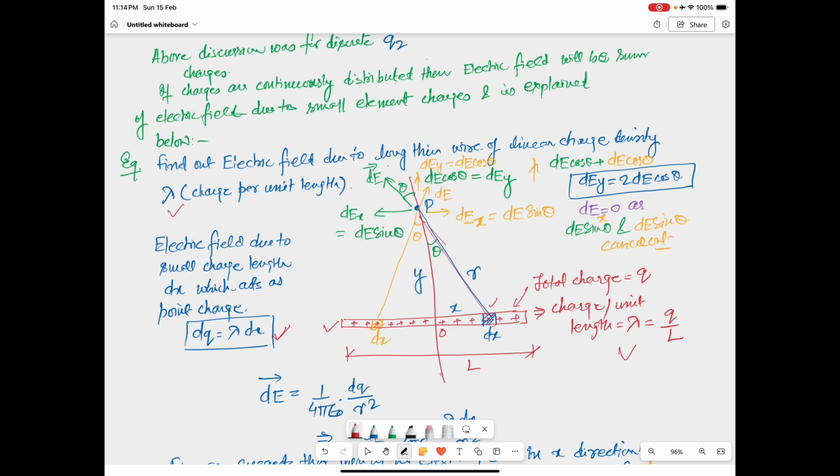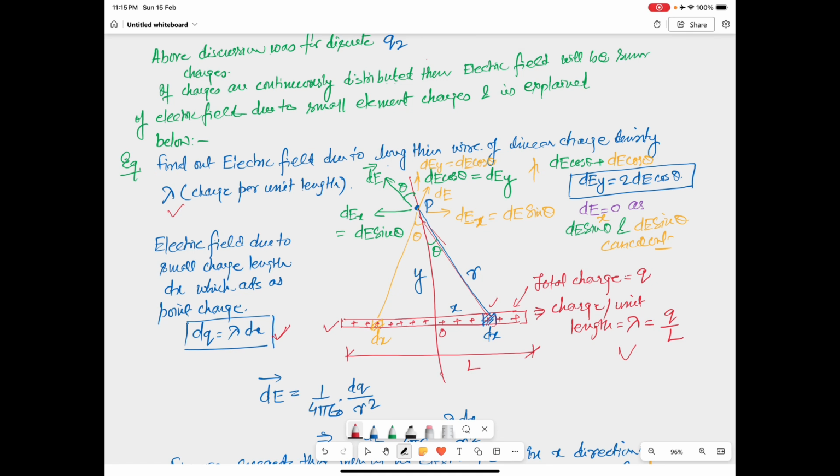You can see dE is acting along the line joining P and dx, and it is away from the wire. Similarly, I have broken it up into the two components dEx and dEy.